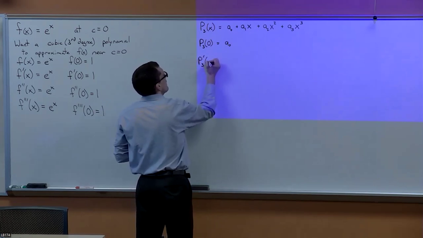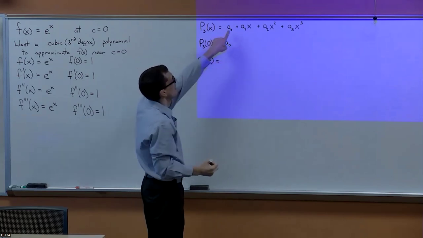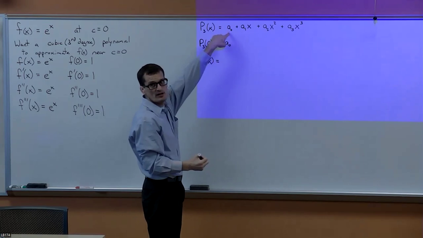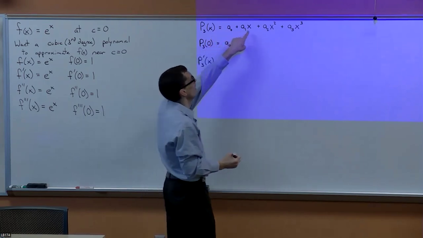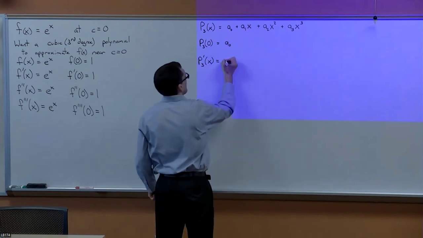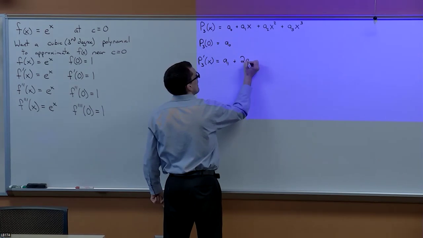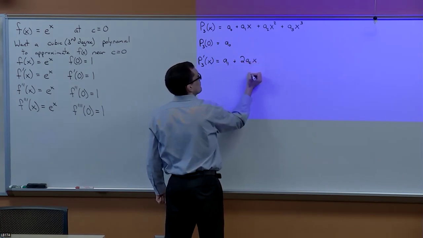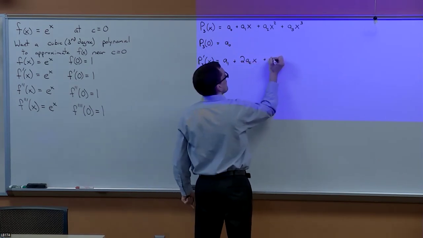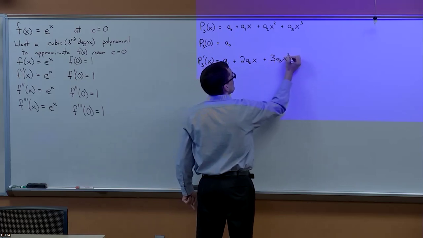If I took a derivative of the polynomial, the constant goes away, I would take a derivative here, I'd get 1a1 plus 2a2 x to the first plus 3a3 x squared.